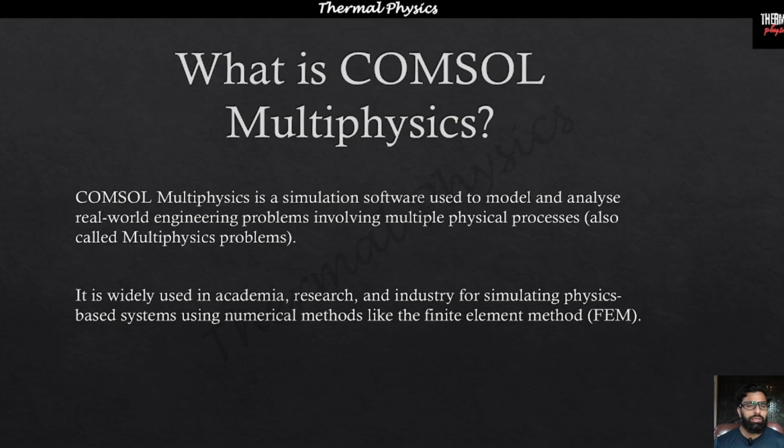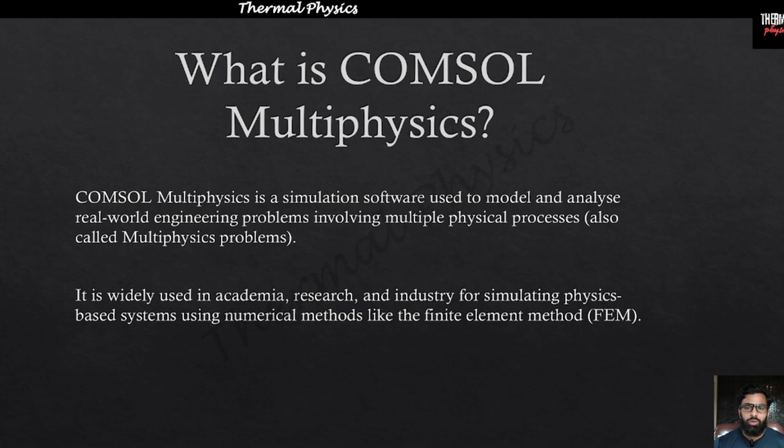So this software is used to make a model and then analyze the model, make a model of the real world application. We have any practical system in front of us, depending upon the physics involved, like it is a heat transfer problem, or it is a fluid flow problem, or it is a structural mechanics problem.